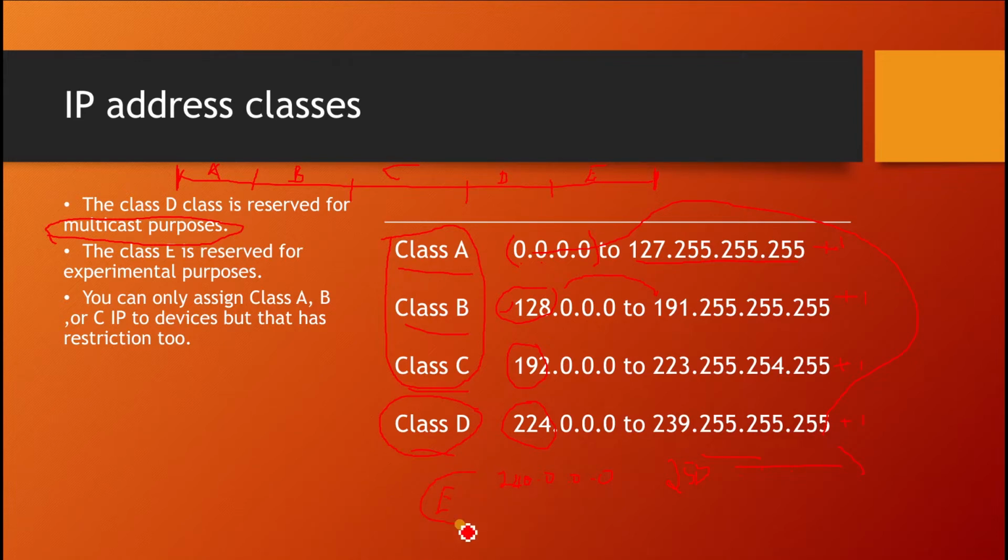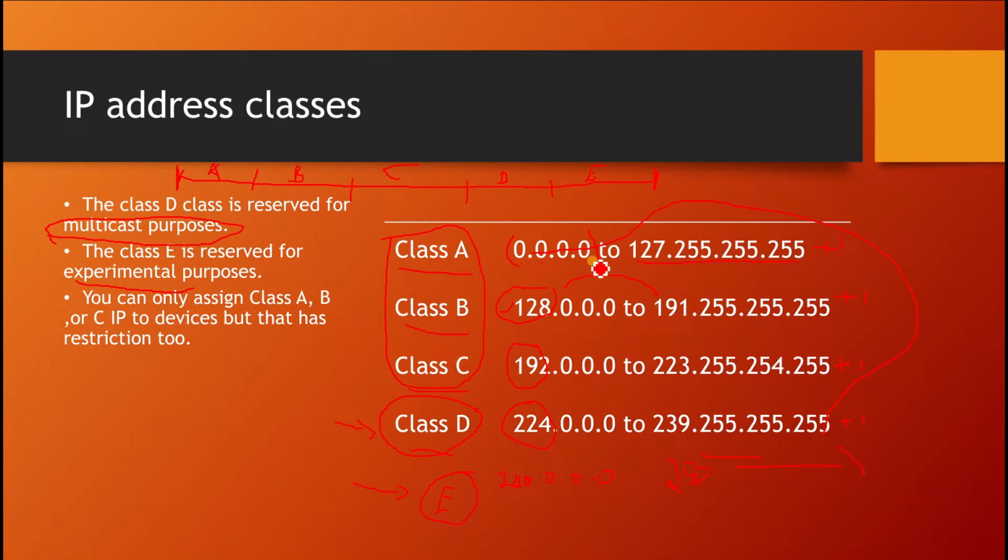Class E is reserved for testing, experimental purposes. So in a network, I can only use class A, class B, and class C IPs. You are not going to see class D or class E IP addresses assigned to any devices in a network, right? So keep in mind, class A, class B, and class C are the IP addresses that we are going to use.